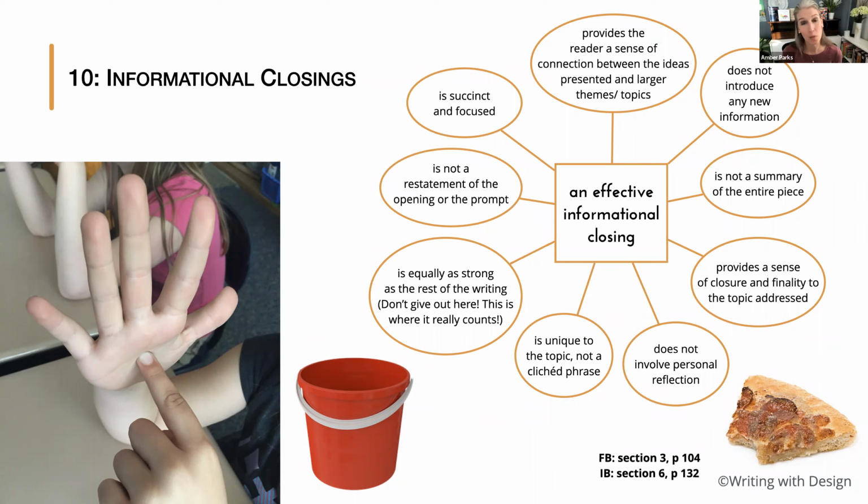And one really big one that I'll encourage you to think about is not restating the prompt. So if the prompt was, write about how volcanoes and earthquakes are similar and different, our closing does not need to be, and that's how volcanoes and earthquakes are similar and different. Right? That's just a restatement. There's no thought there.